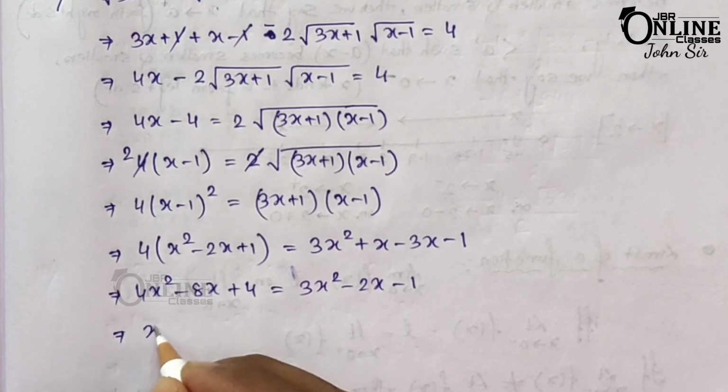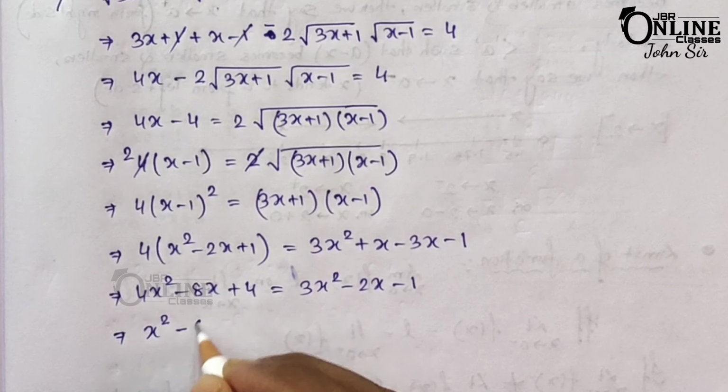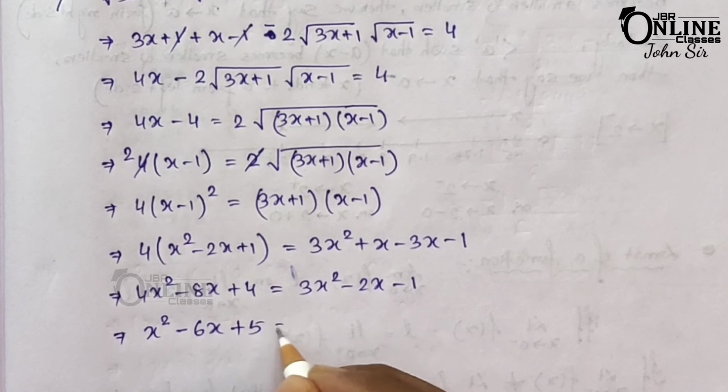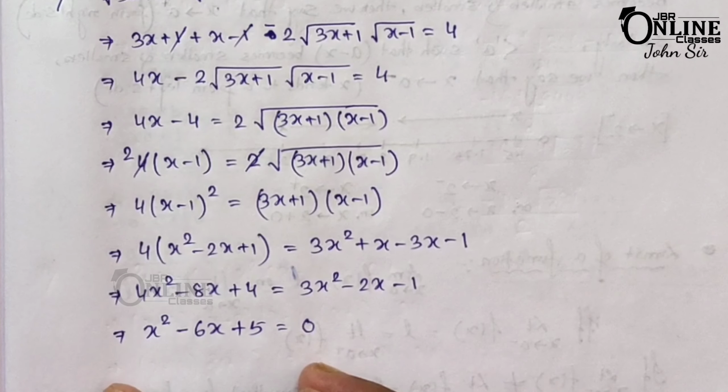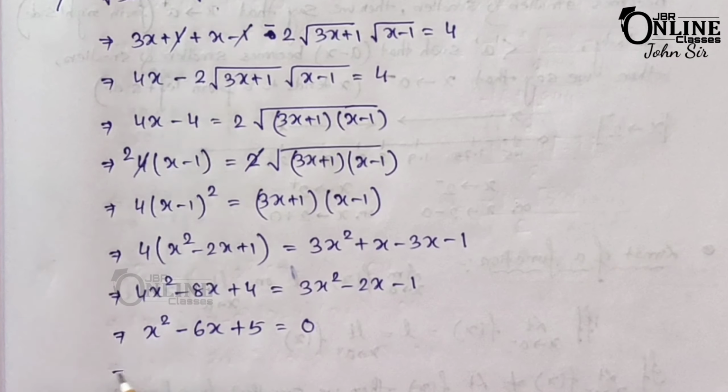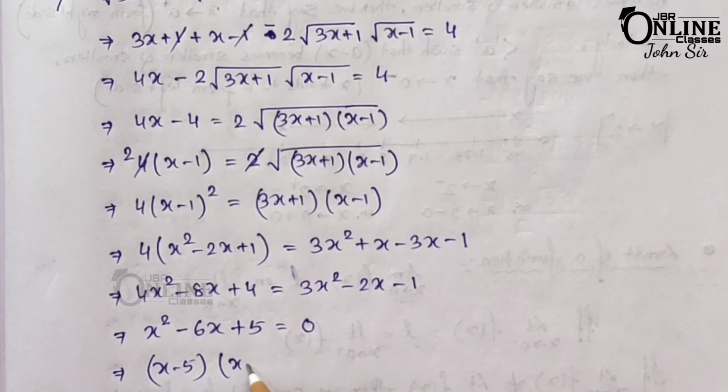So finally x² - 6x + 5 = 0. Then from that equation you will get (x - 5)(x - 1) = 0.